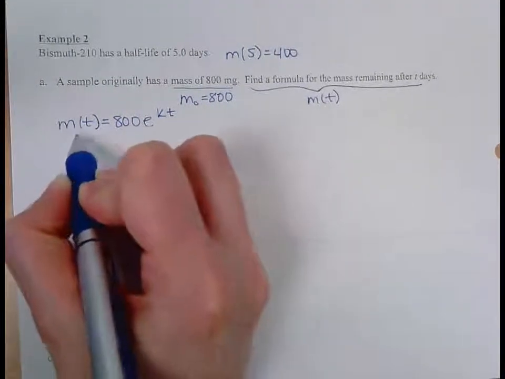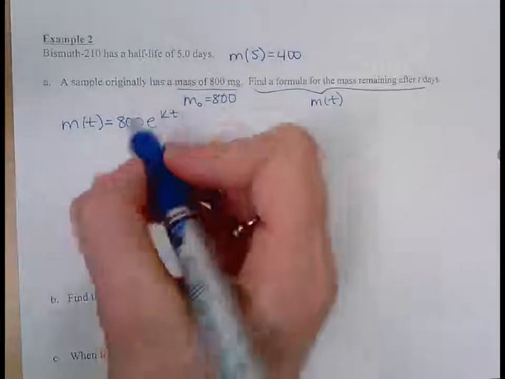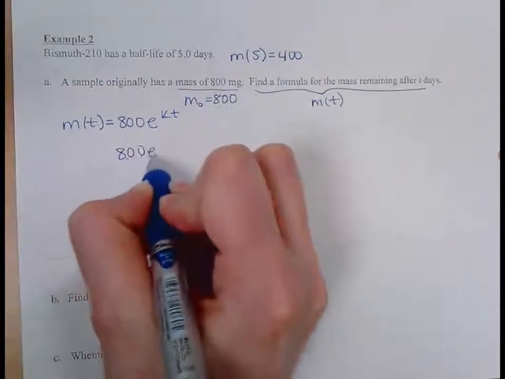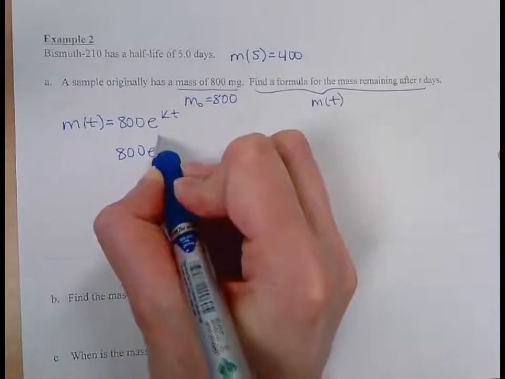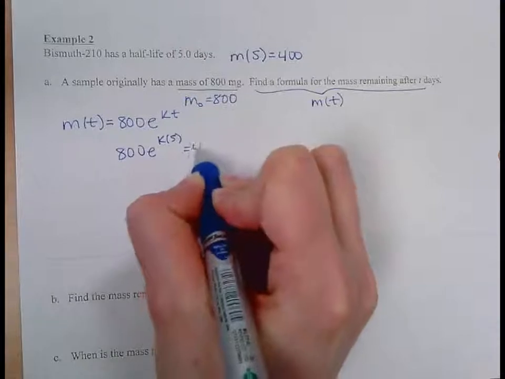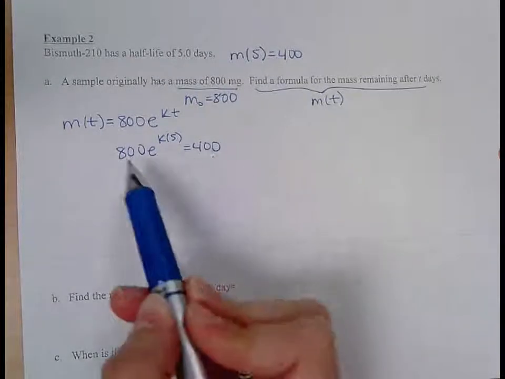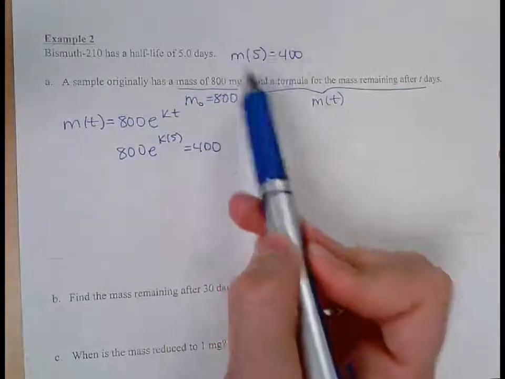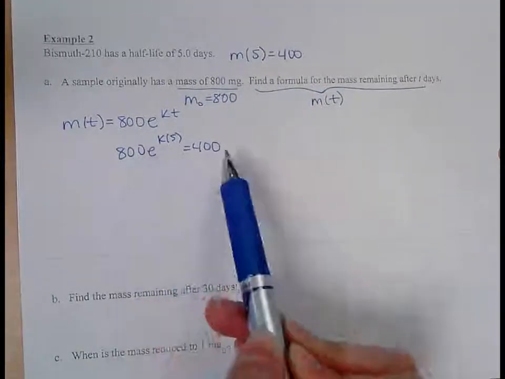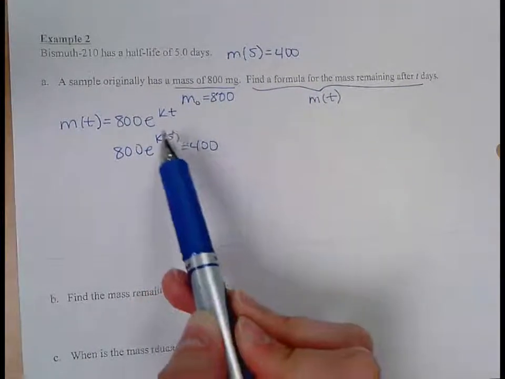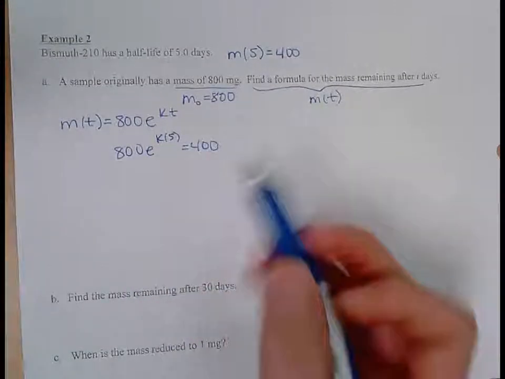So I'm going to rearrange this: 800 e to the k times 5 is equal to 400. As long as you're using that first half-life amount, when I divide by 800, I'm always going to get e to the 5k equal to 1/2.